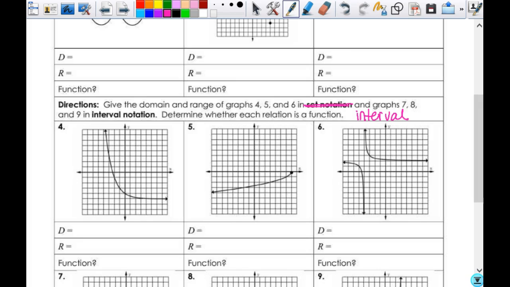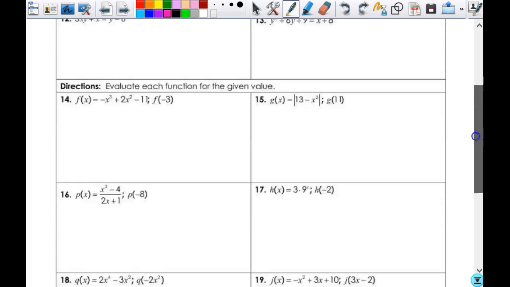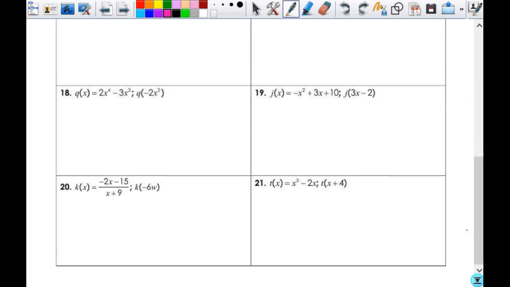Then on the back, you're going to omit numbers 19 and 21. You don't have to do those 2. Okay? All right, everybody good? And then if you will grab your notes from yesterday, and let me see where we stopped. Okay, that's what I thought. It won't take us but a second to get that done.